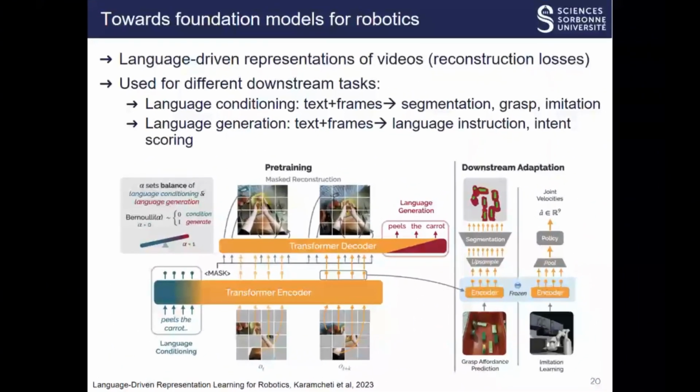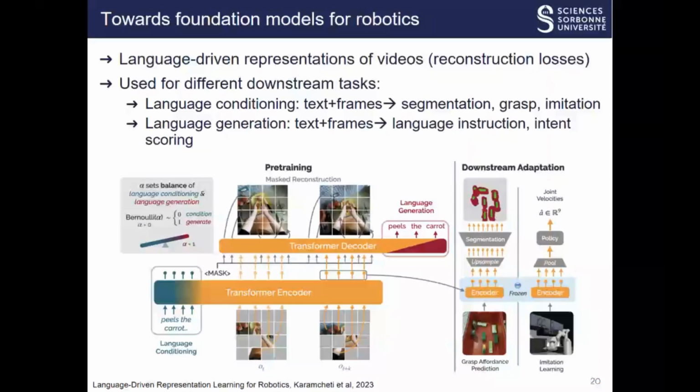The model is trained with reconstruction losses: one to reconstruct the full images, so doing some inpainting, and also a reconstruction loss for the textual instruction. The assumption is that you learn this multimodal interaction and maybe also those perception cues.